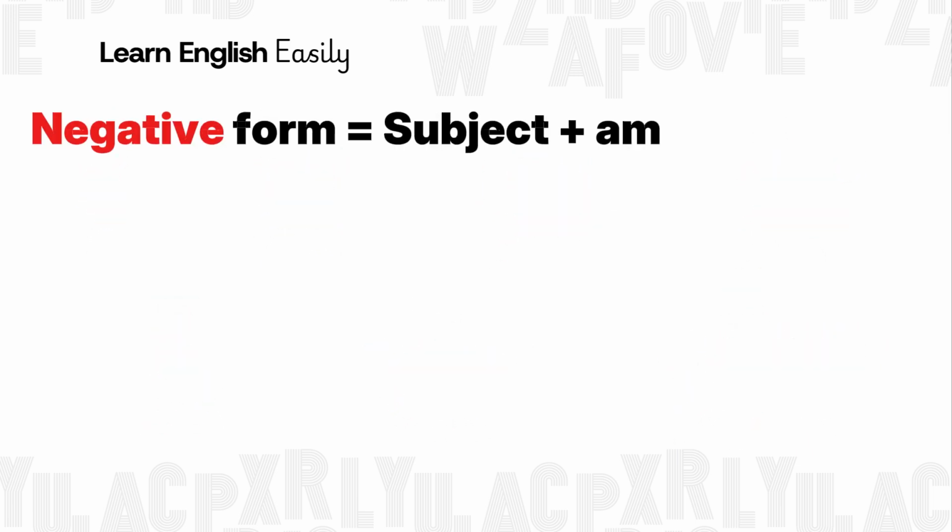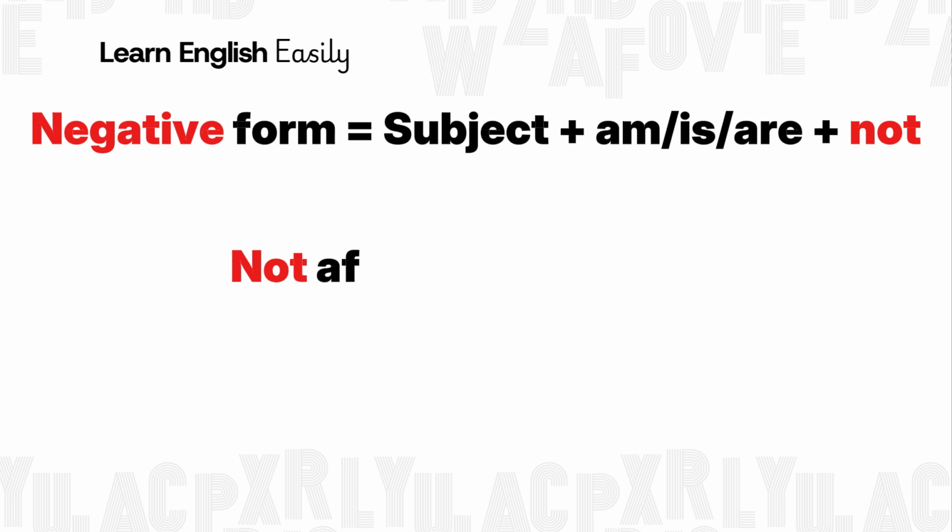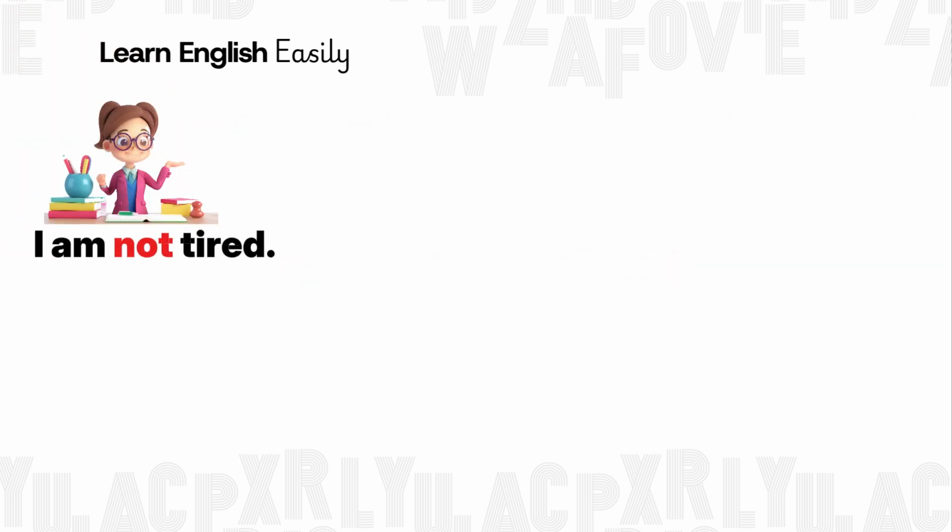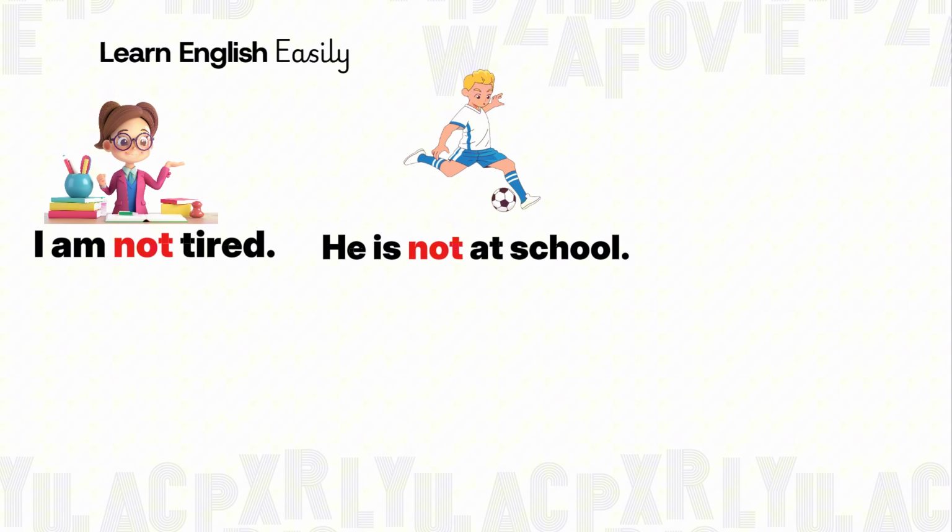Now let's see how to make negative sentences with subject pronouns. It's super easy. We just add not after the verb to be. I am not tired. He is not at school.